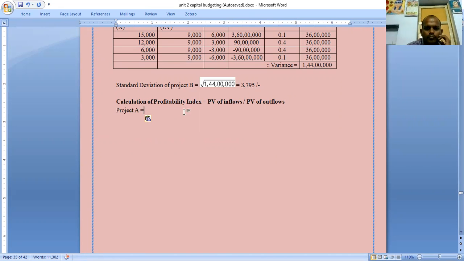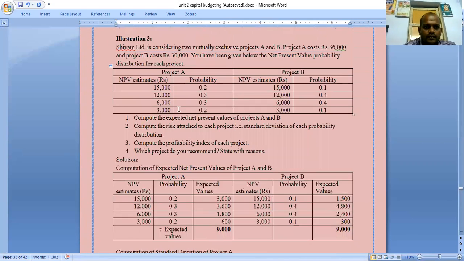PV of inflows by PV of outflows. We know the PV of outflows, that is 36,000 for project A and 30,000 for project B.